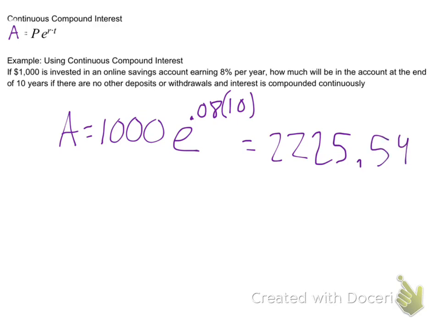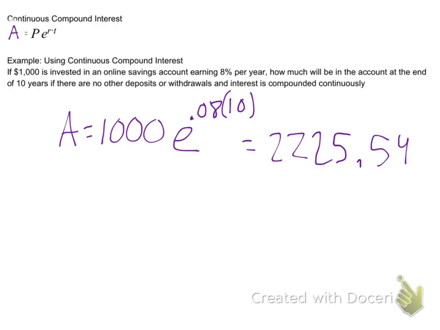So from daily to continuous, it's really only like a 40 cents difference. But that 40 cents can make a huge difference if I extend my time. So this is what most banks or investment firms use, the continuous thing. So there's a way to do this continuously.